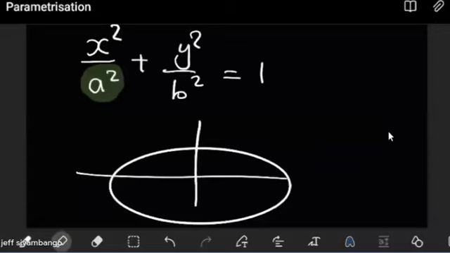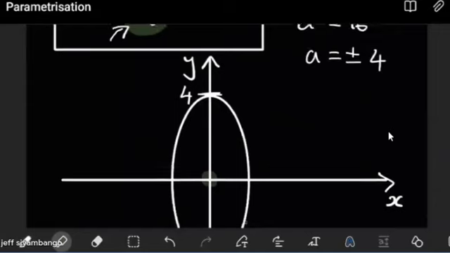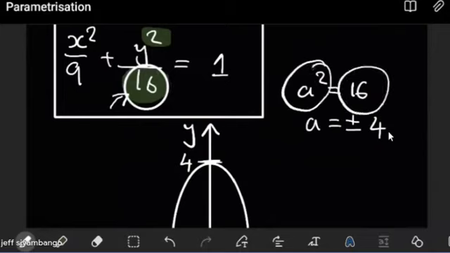Yes. So in our case, the major axis was on the y-axis, so we're looking at this setup. So the logic dictated that whatever the denominator of the y squared was going to be equal to is not a, but a squared. This is why I said a squared is equal to 16. You get it? Great.